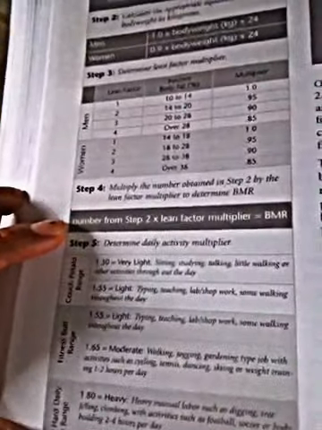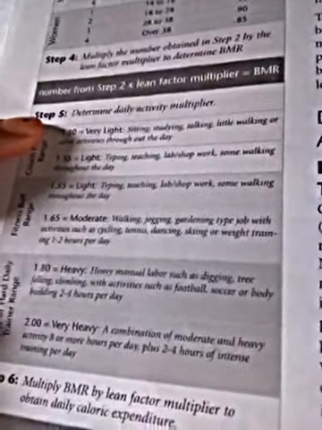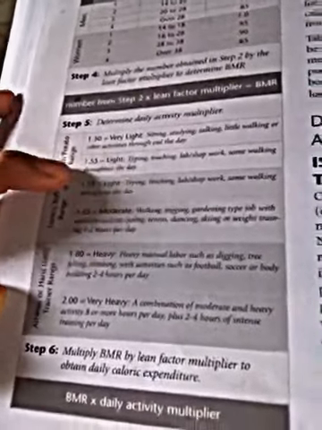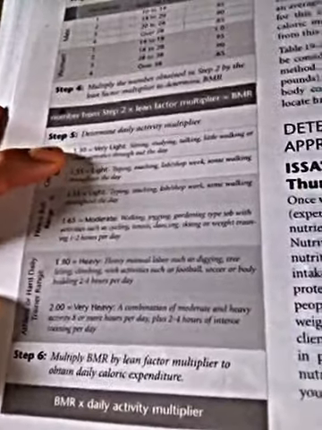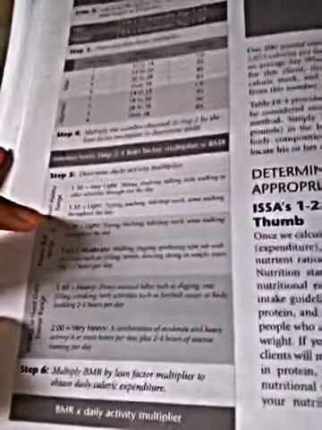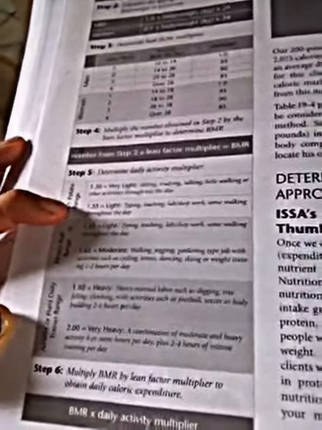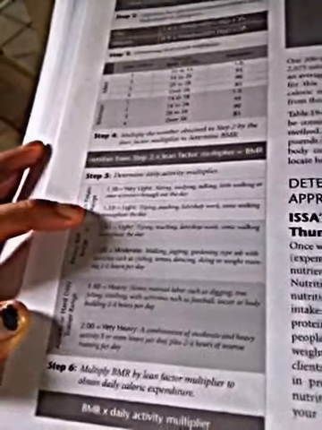So for step 5, you determine your activity multiplier, and hopefully you can see this chart. You're either very light, like a couch potato, which is sitting, studying, talking, little walking, or other activities throughout the day. 1.55 equals light: typing, teaching, lab, shop work, some walking throughout the day.